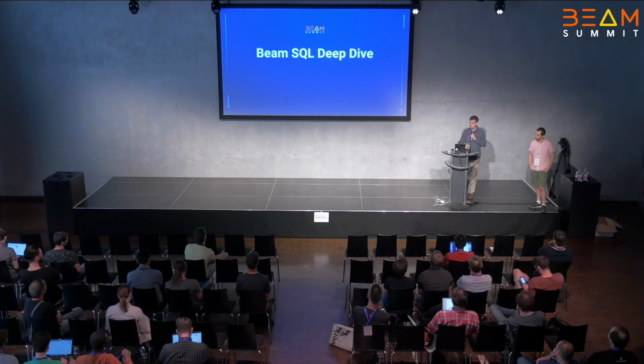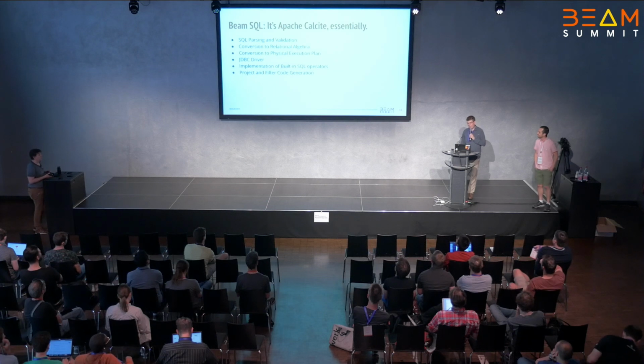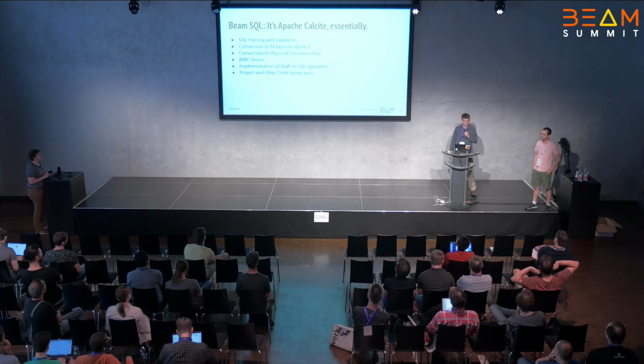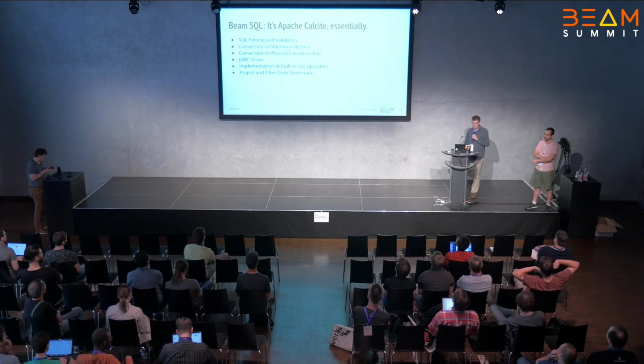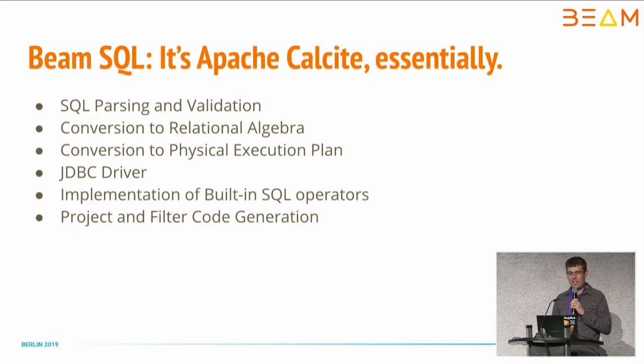So now for the deep dive. I'm going to tell you about how Beam SQL works under the hood, which I'm sure you all wanted to hear about. It's really just Apache Calcite, though. That's our secret. Don't tell anyone. So Calcite, for us in Beam SQL, provides parsing, validation, conversion to relational algebra, conversion to physical execution plan, and then we have some actual implementation of the execution in Beam.